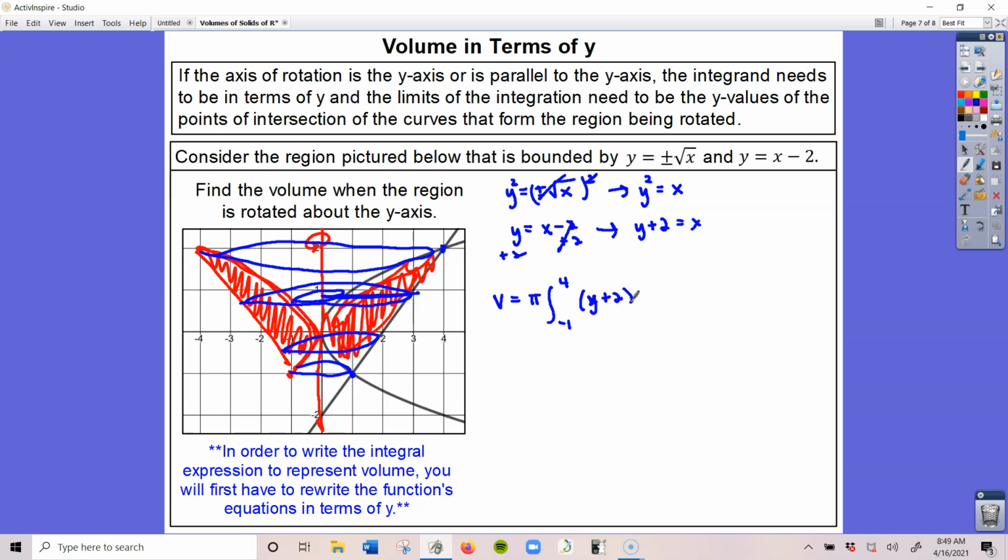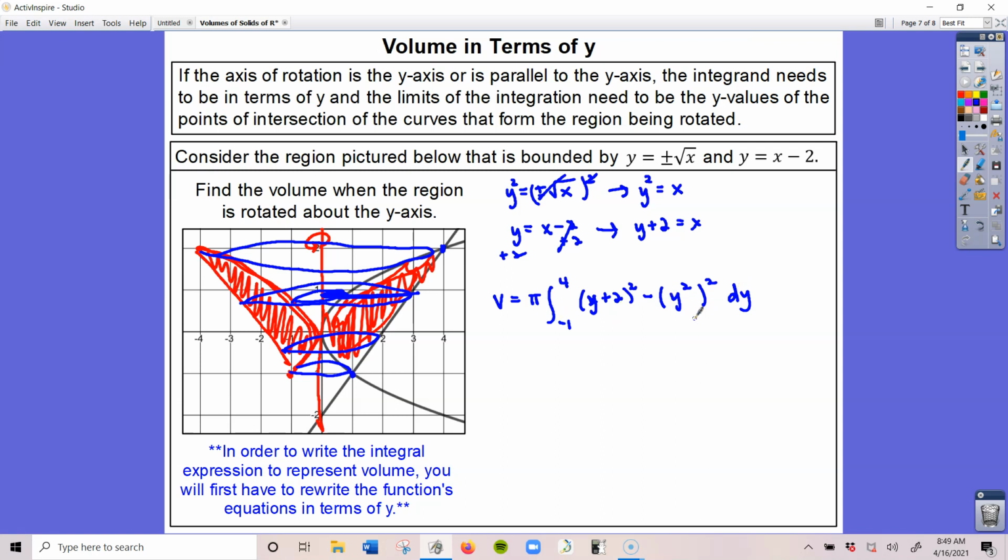So y plus 2 minus the axis of rotation, in this case 0, squared, minus the small radius, the quadratic here, y squared minus the axis of rotation, which is 0, squared, dy.